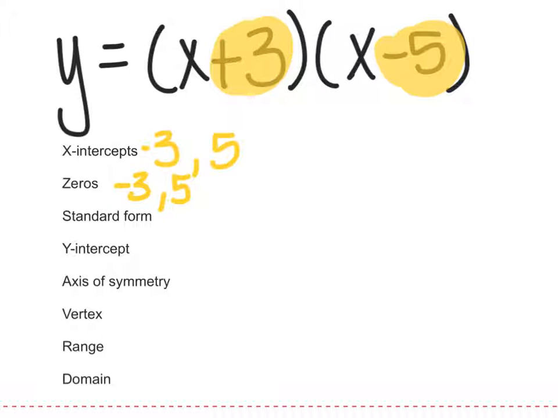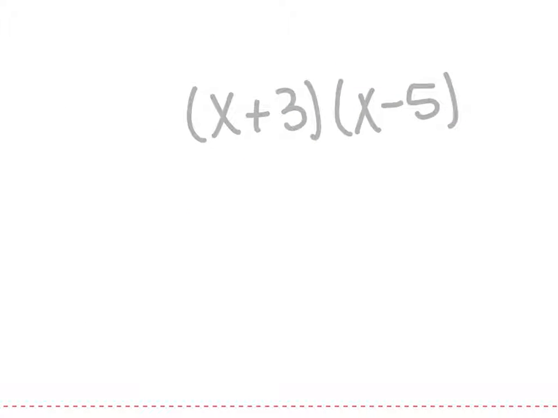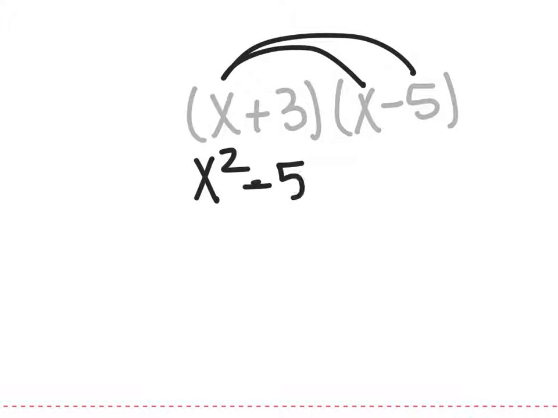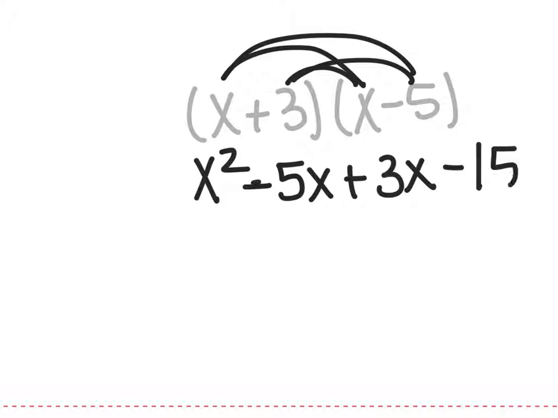So now I need to find my standard form, which means I need to take my factors of x plus 3 and x minus 5 and multiply them out. Well, x times x is x squared. x times negative 5 is negative 5x. 3 times x is 3x. And 3 times negative 5 is negative 15.